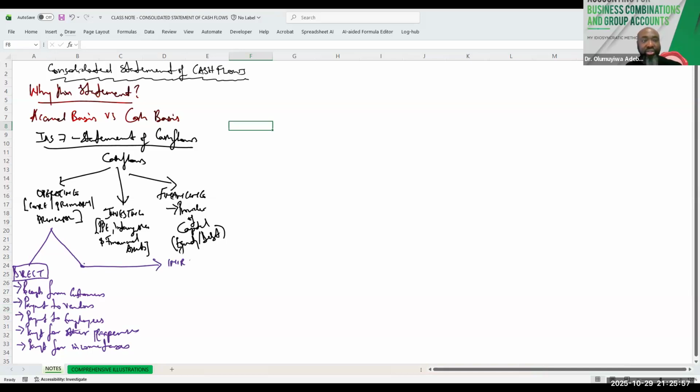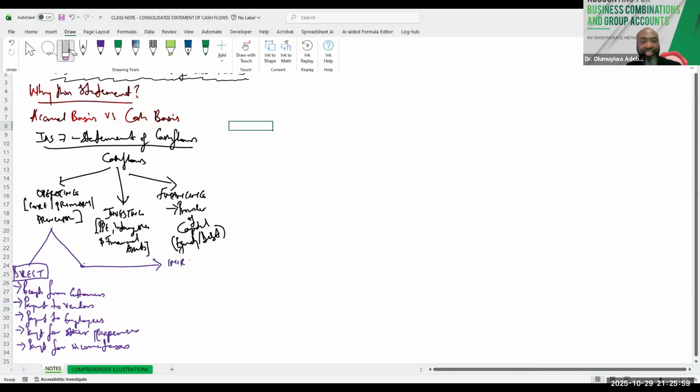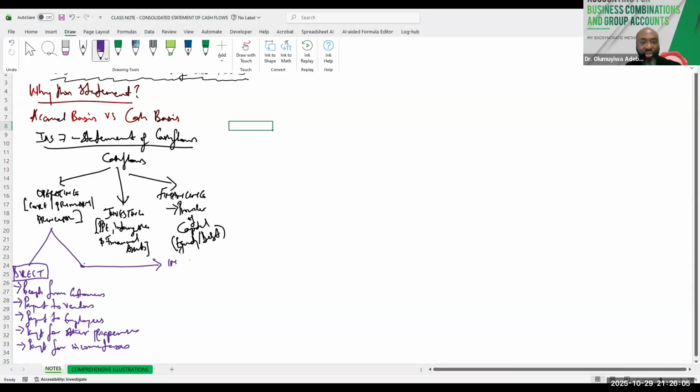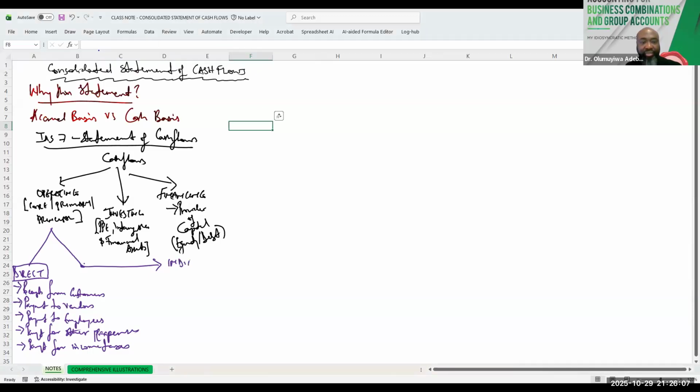The indirect method is simply trying to create a nexus or a link between profit and cash, which means trying to reconcile profit to cash.